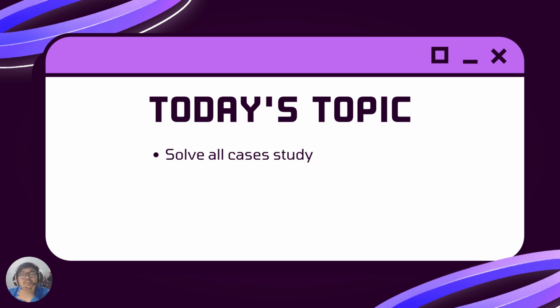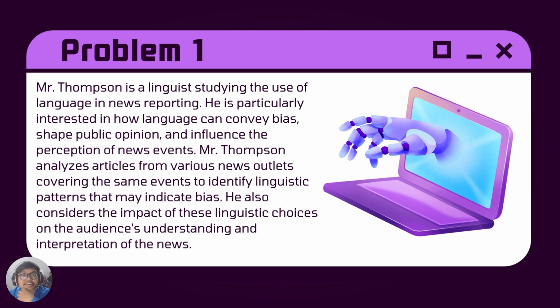We have to solve all the case studies. So let's start. As for the first problem, let's read it first. Mr. Thompson is a linguist studying the use of language in news reporting.